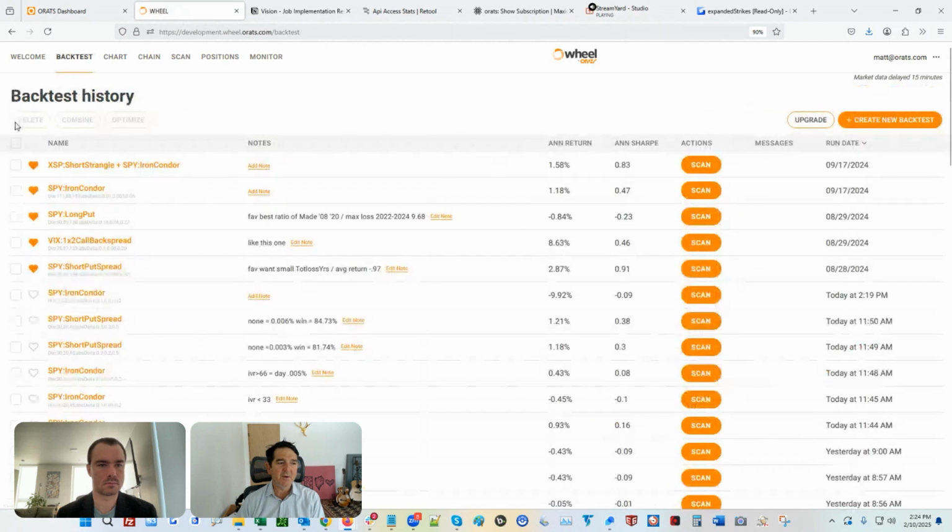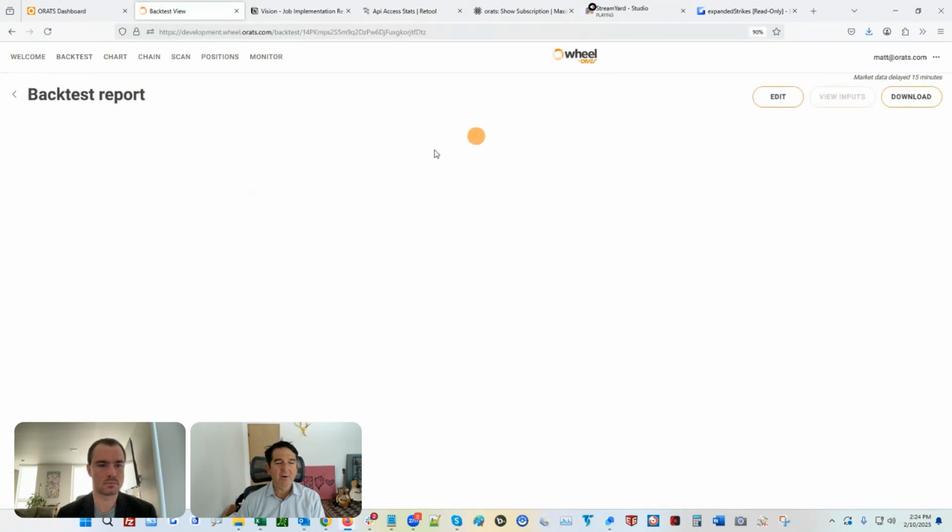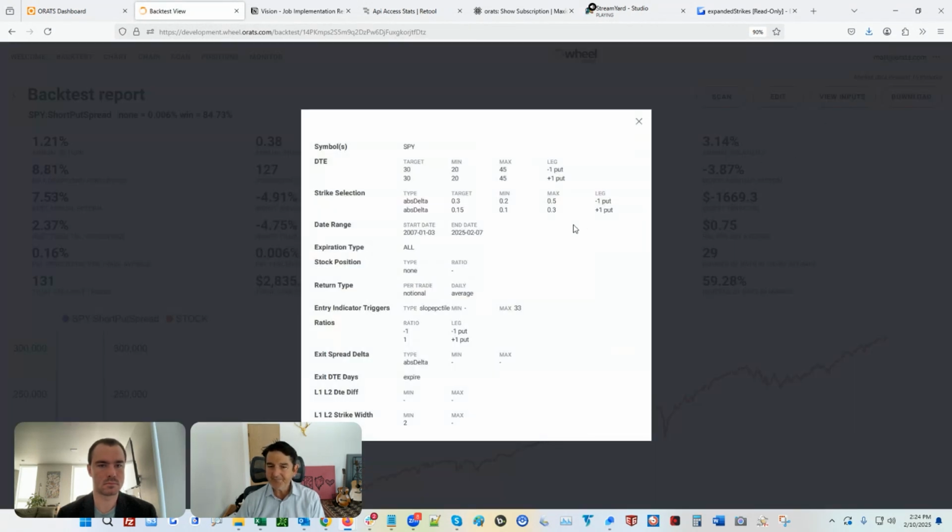So then I ran this with a slope percentile. Now this is a maximum this time. The other time we wanted to do it above 66 for the implied volatility rank, right?